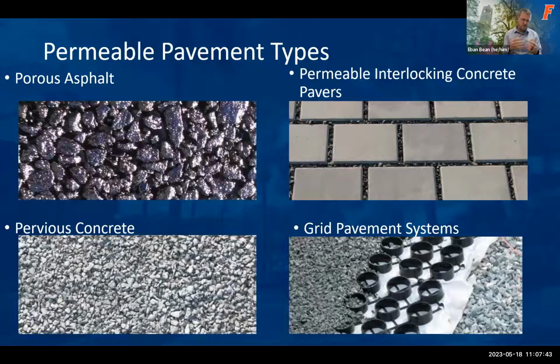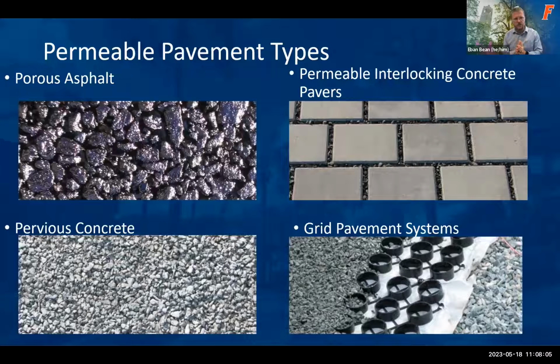So there's several different types of permeable pavement materials or permeable surfaces. And so some of these are shown here. Mostly the most common ones that we see are porous asphalt, porous concrete, permeable interlocking concrete pavers, and then some types of grid pavement systems.